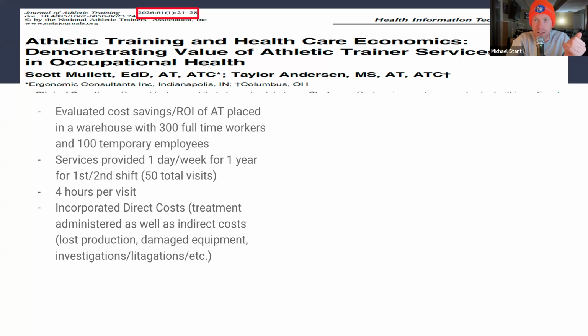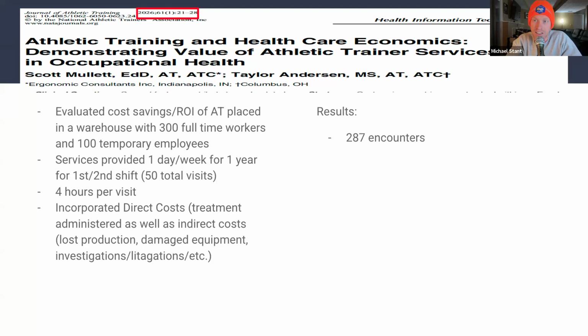A lot of companies will hire private investigators, and then there are lawsuits because someone got hurt at work, so now they're suing the company to get whatever money they deserve through workers' comp. They actually use a general 5-to-1 indirect cost ratio. So whatever the direct cost is, the indirect cost is five times that, which I thought was pretty standard in the industrial occupational setting.